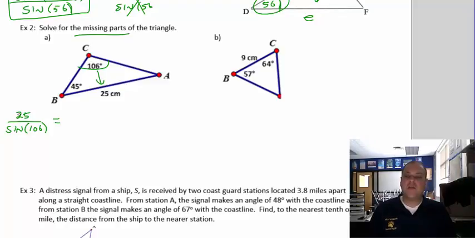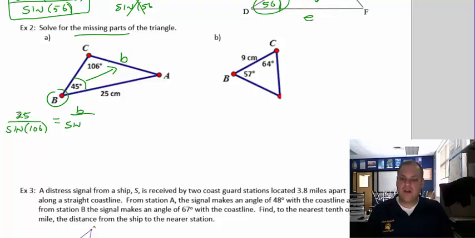Since I know this angle is 45, I could find its opposite side, and we're going to call that little b because it's opposite of angle B. So we're going to say little b over sine of 45. It's always side over the opposite angle. Cross multiply: 25 times the sine of 45 equals b times the sine of 106.